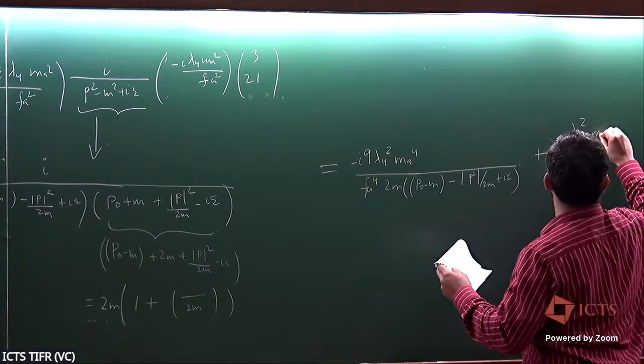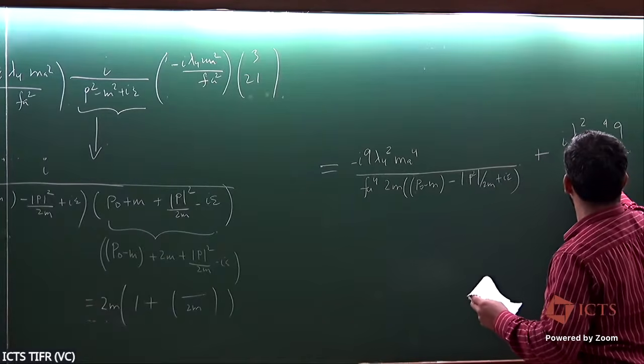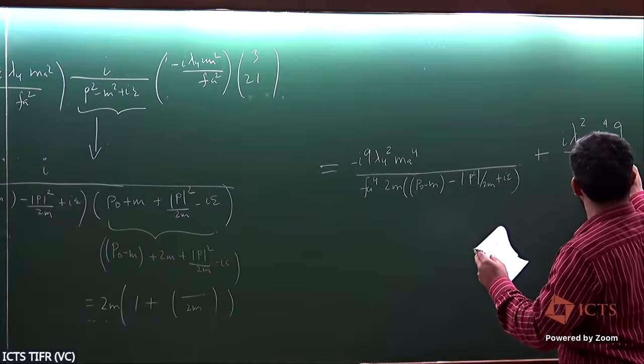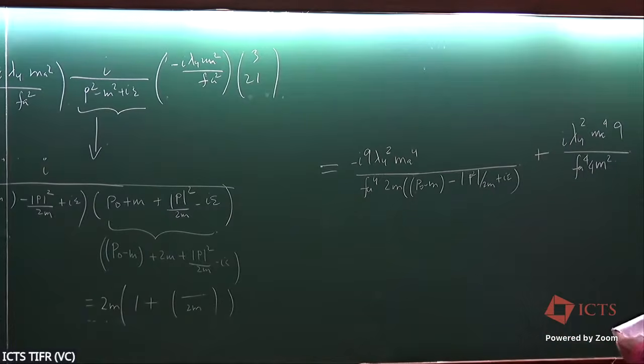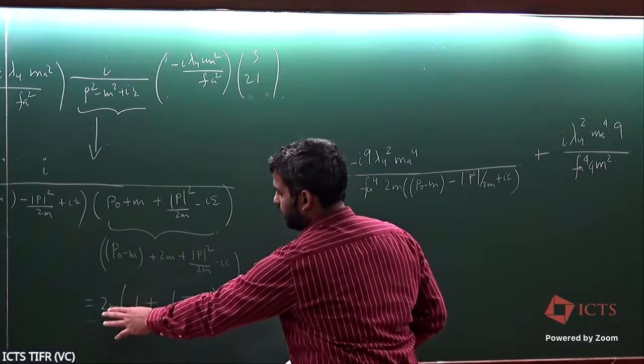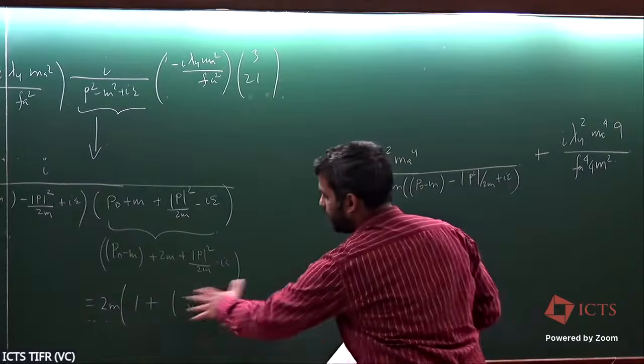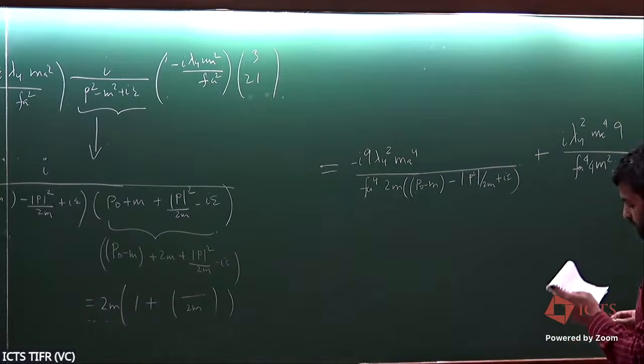square over 4m square. So I just do a Taylor expansion, pull out the 2m factor. This is what that 2m is, and I'm just expanding everything else in the Taylor expansion. Okay?